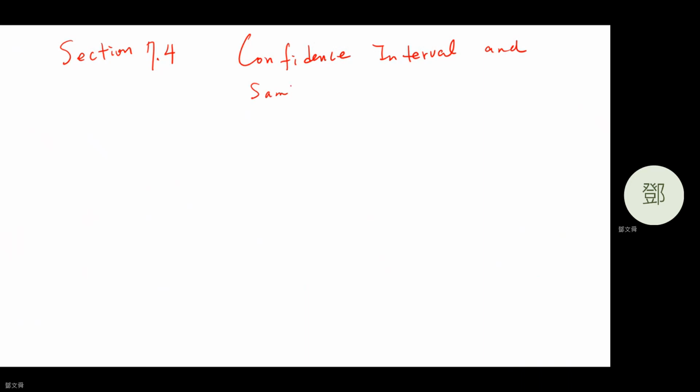Okay, please go to section 7.4. Section 7.4. Confidence interval. Proportion.